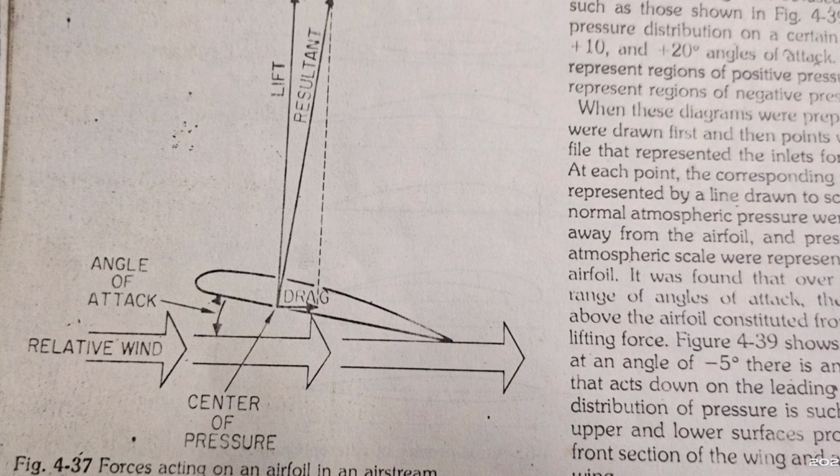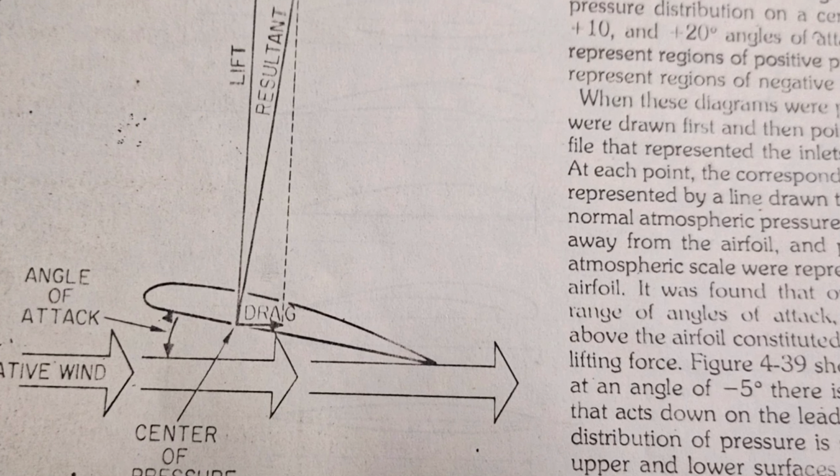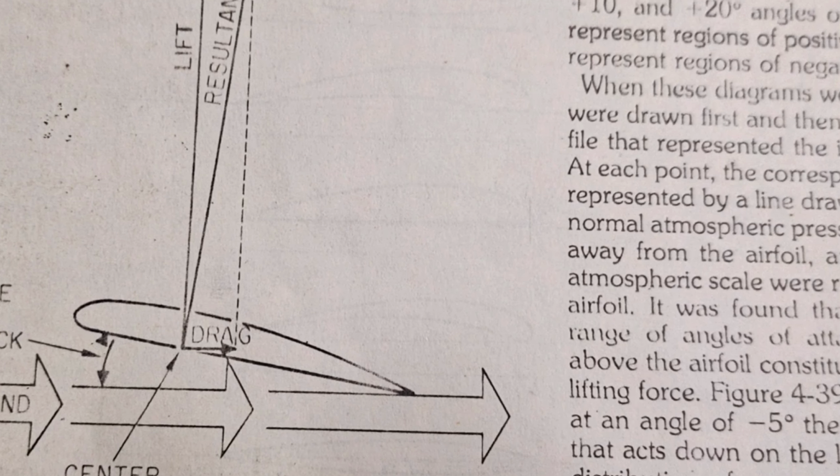Now I am giving you another figure which shows the forces acting on an airfoil in an airstream. The relative wind, angle of attack, lift, drag, resultant and CP are emphasized. The point at which the aerodynamic forces may be considered concentrated is the CP.